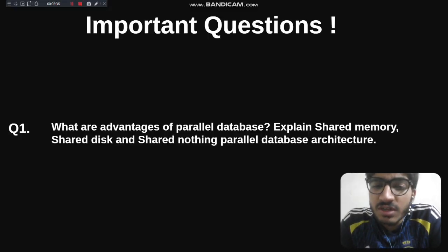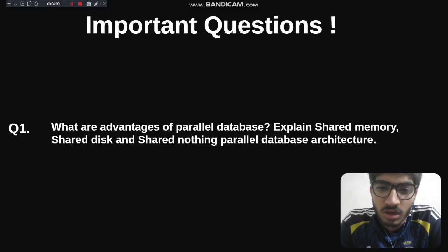Then shared nothing architecture. Each processor has its own memory and its own disk. No sharing of memory or disk. Complete independence. Advantages are that it is highly scalable, that is, you can keep adding machines. No contention, because there is no sharing, and very good performance is obtained.